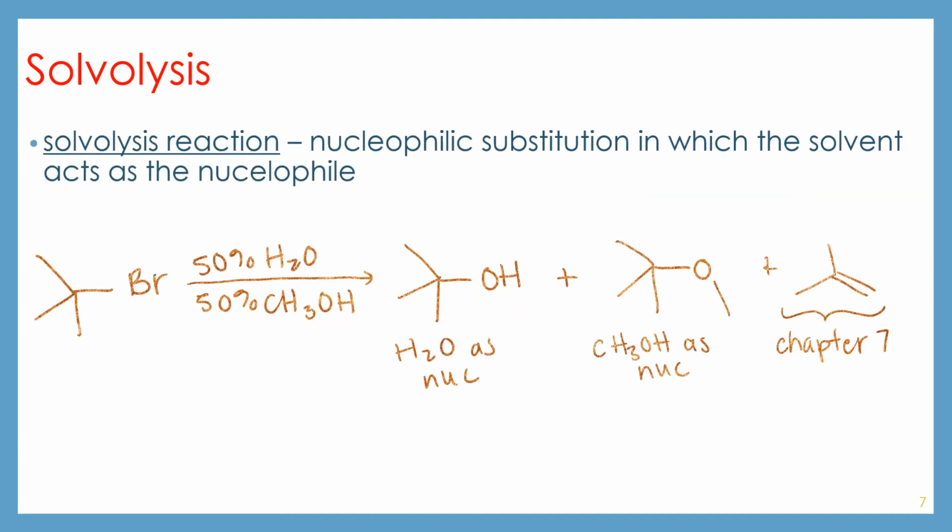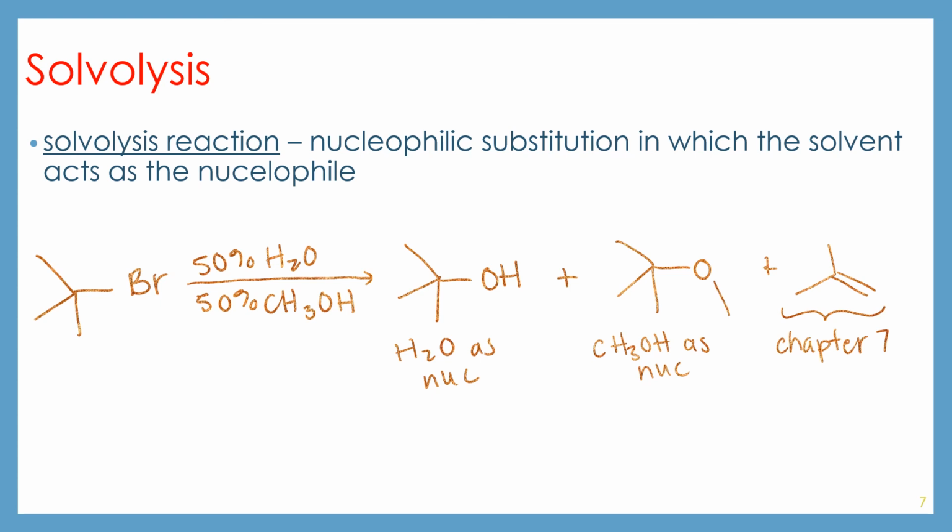So there is another type of reaction that falls right in the category of SN1 reactions. And in fact, the SN1 example that we looked at before with t-butyl chloride and water was an example of a solvolysis reaction. A solvolysis reaction is a substitution reaction in which the solvent acts as the nucleophile.